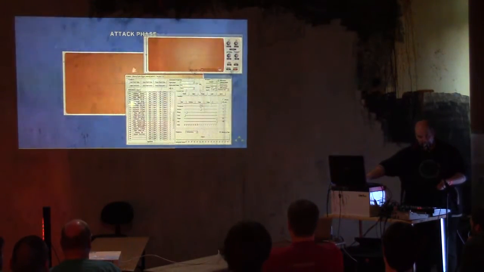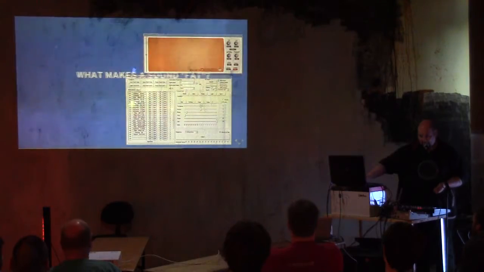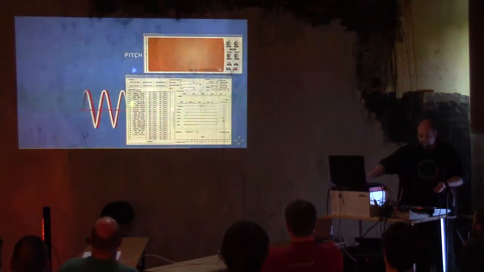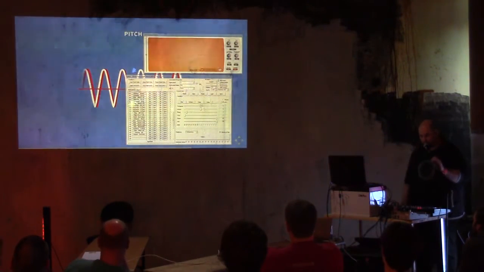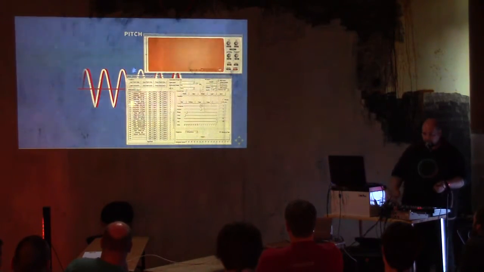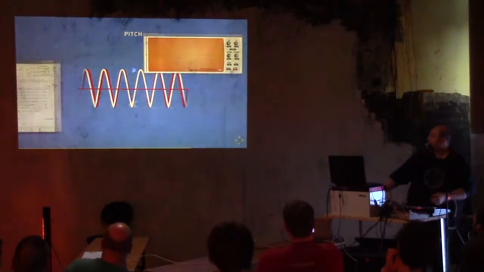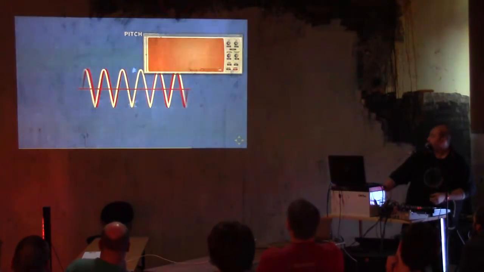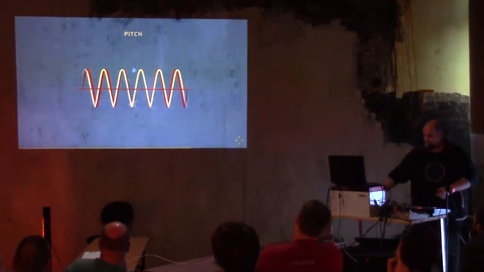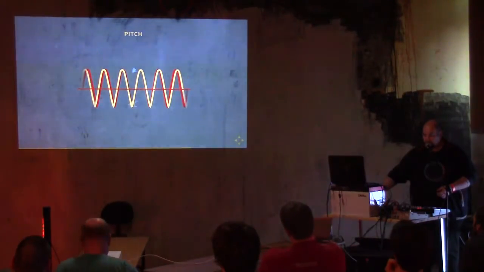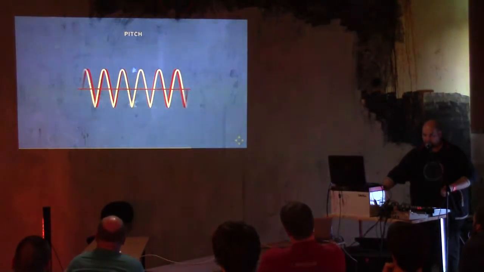Somebody already said, please detune, and yes, that's a big part of it. Pitch. You see here a pitch curve. You see here a sine wave, and I have two. Let me move that out of the way. I have two sine waves here, one white, one red, and you can see they're at different pitches because they are at different widths.